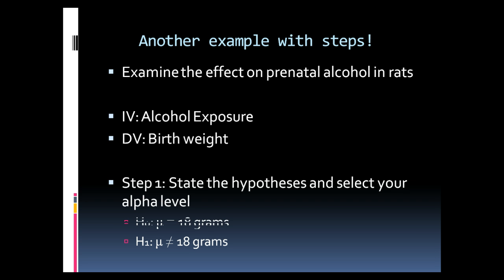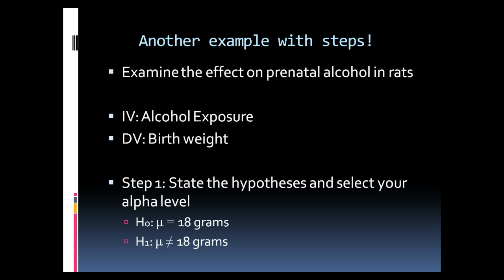Let me get this all up. Okay, so another example was steps. Let's say we wanted to examine the effect of prenatal alcohol in rats. Our IV, or independent variable, is alcohol exposure, and our dependent variable is birth weight, lower birth weight being not so great.